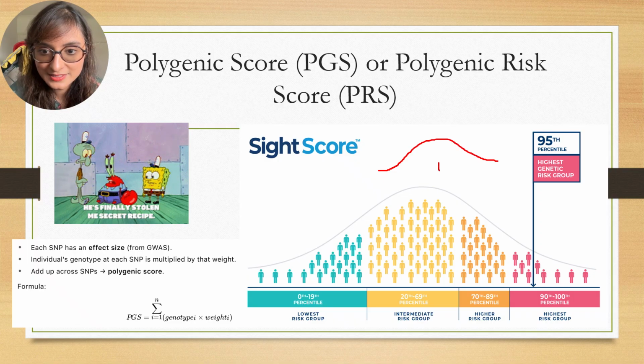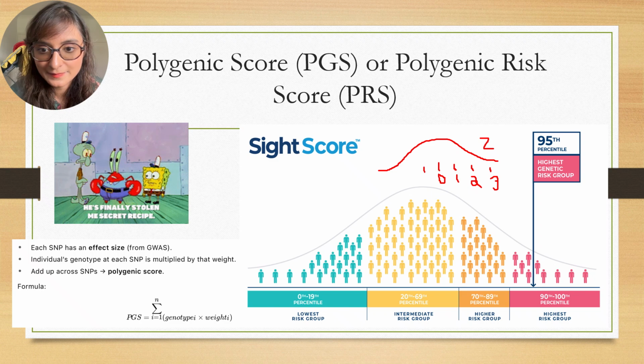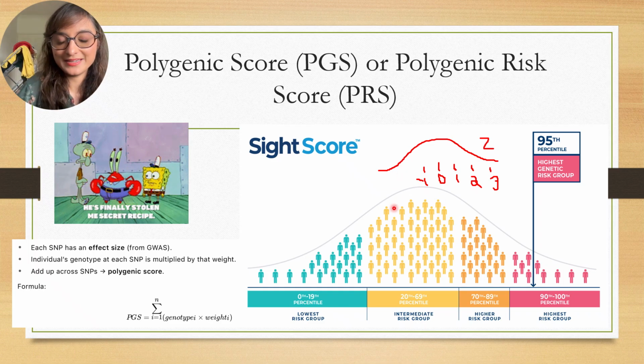This would be a 0, and like a 1, a 2, standard deviations away from the mean, and a 3, so it's centered at 0 if it's a z-score, and so on. And then on the other side it would be -1, -2, -3.